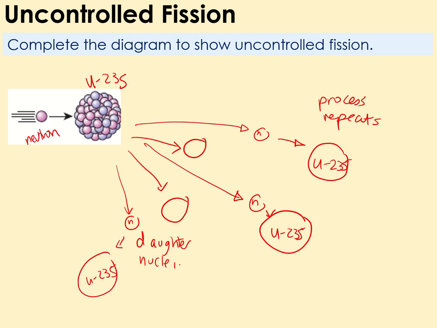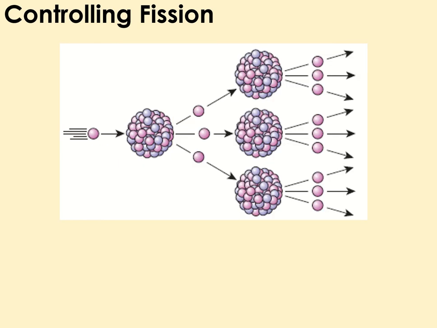Okay, so moving on then, we're going to now think about how do we go from this uncontrolled scenario, where you go from 1 to 3 to 9 neutrons and therefore fission events, to controlled fission. The way that we control fission is, if you want to have a controlled reaction with a constant supply of energy, what you need is a constant amount of neutrons.